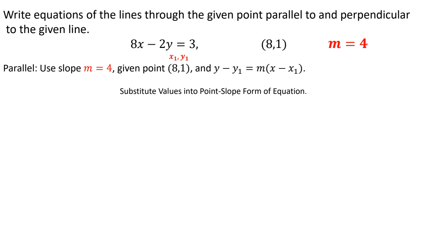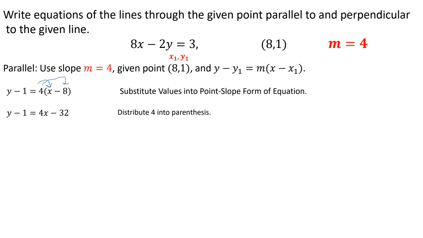The point-slope formula is given by y - y1 = m(x - x1), where m is my slope and (x1, y1) is the point that I want the line to go through. So let's substitute our values. We have y - 1 = 4(x - 8). And then all I have to do is distribute the 4.